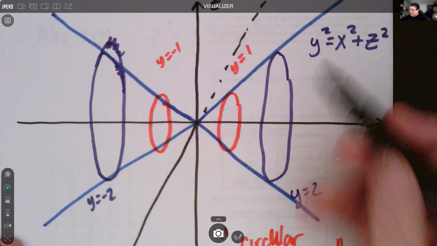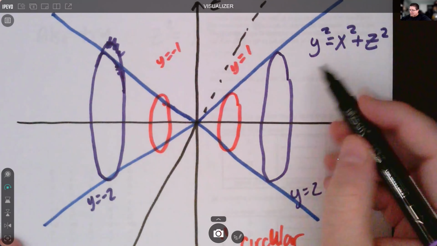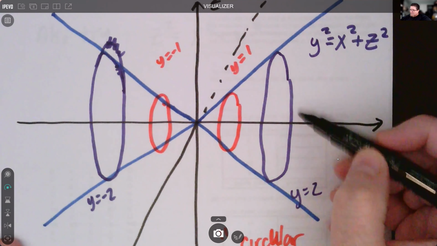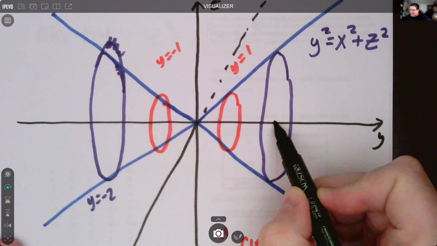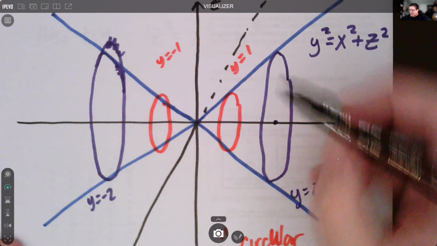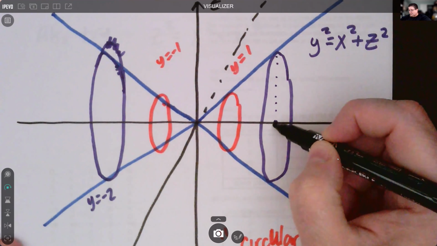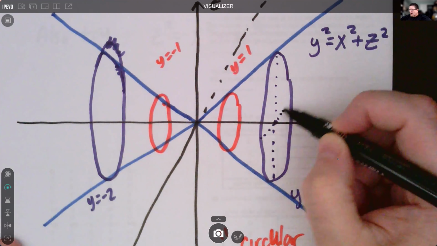Whatever I plug in for y is the radius of the circle, and this distance along the y-axis is also the distance up, or the distance in the x. These lengths are all y.